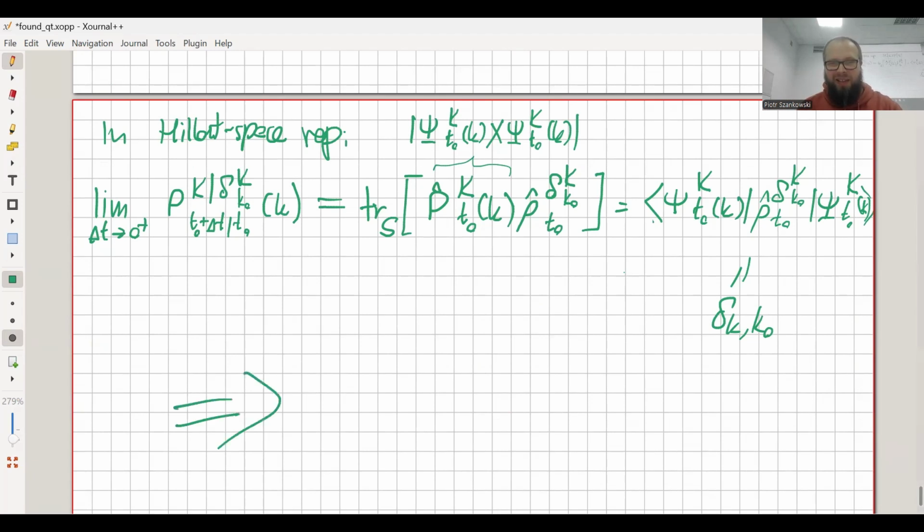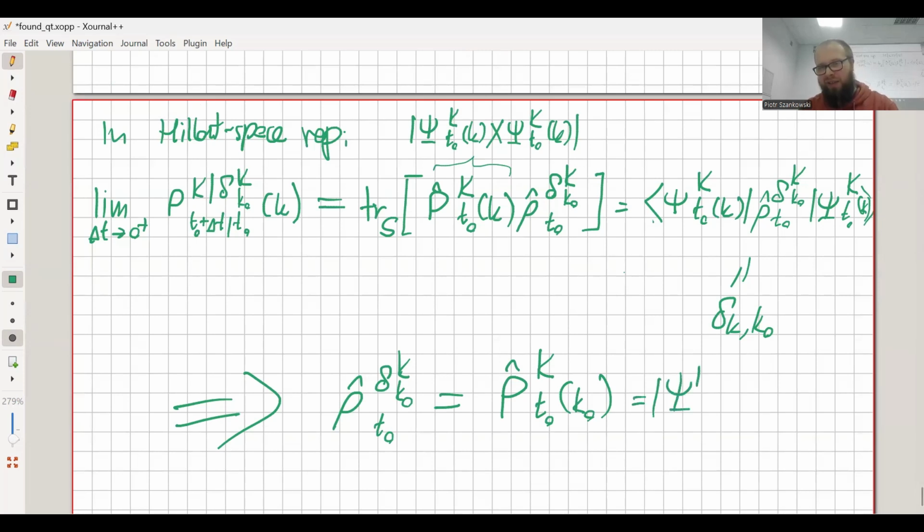This all implies that rho K0 T0 is nothing else than P K T0 K0, okay? Or you can use the Ket-Bra notation if you want. Because it's rank 1.